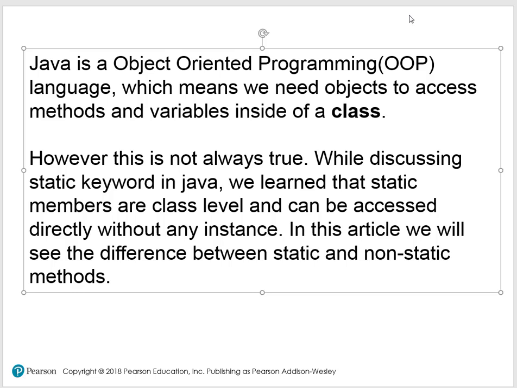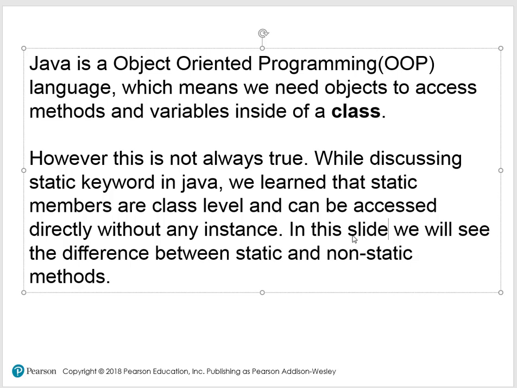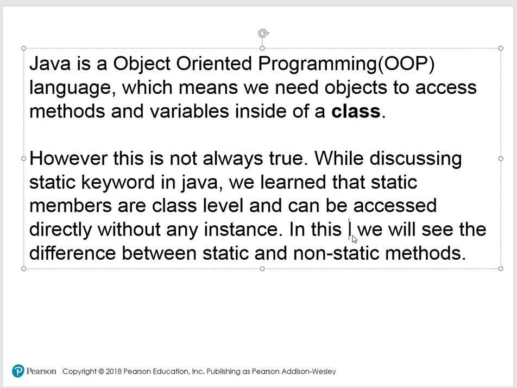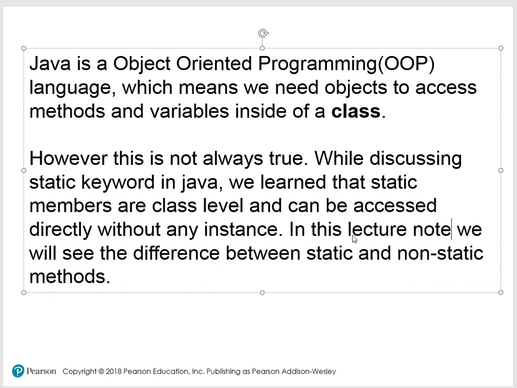While discussing the static keyword in Java, we learned that a static member at the class level can be accessed directly without any instance, like that slide I just paraphrased. So in this article, or how about in these slides or lecture notes? Is that better?